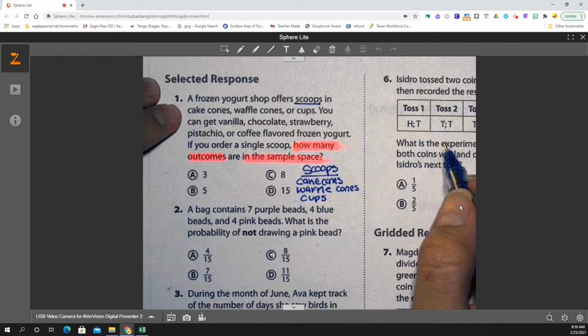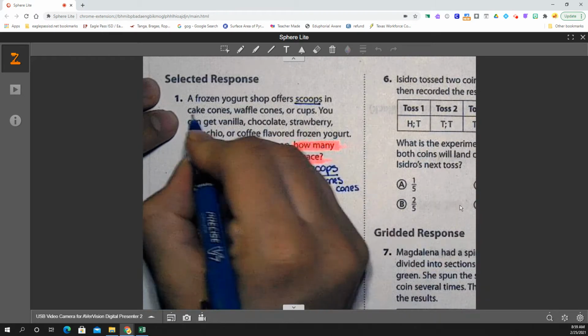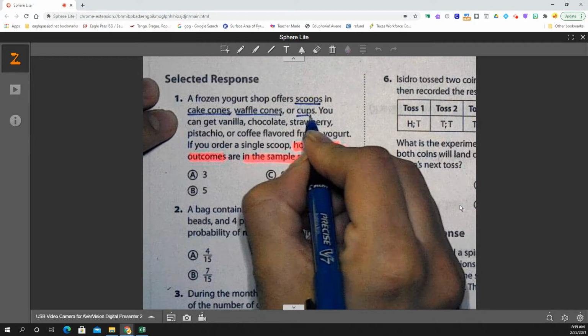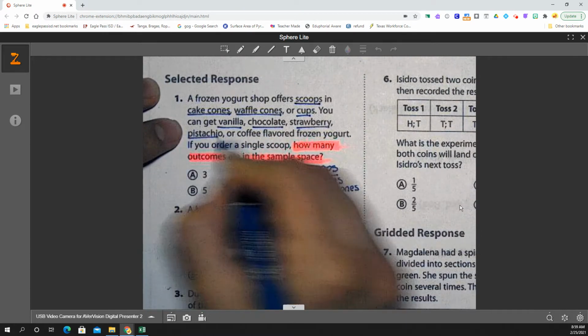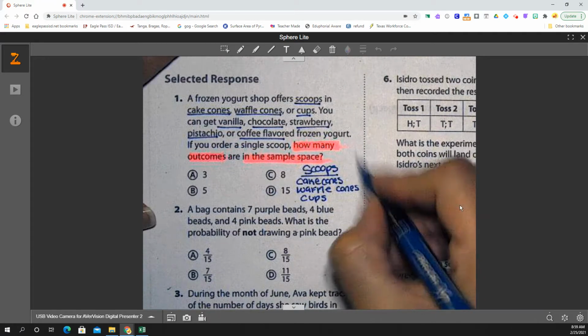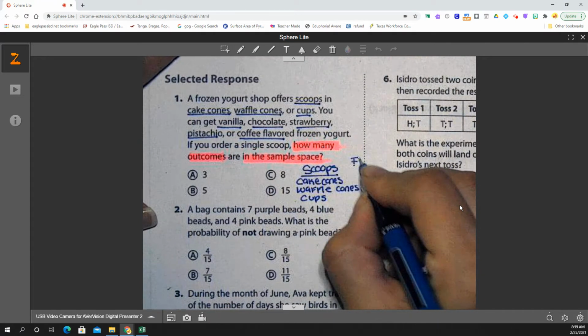And then we have, you can get vanilla, chocolate, strawberry, pistachio, or coffee flavored. So then we have the flavors.